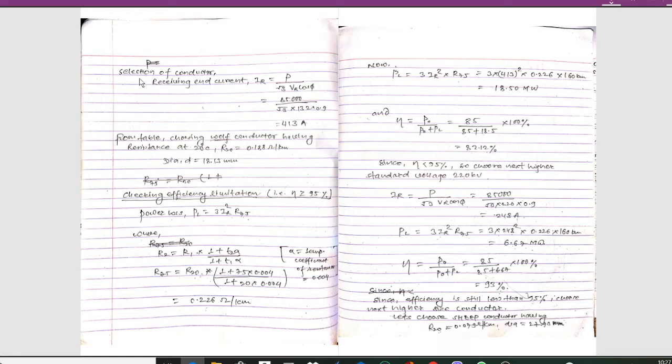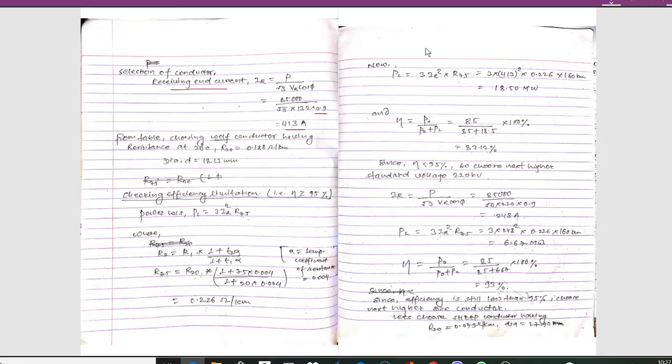Selection of conductors. For that, first we have to calculate the receiving end current. IR equals P upon root 3 VR cos phi, and P is given as 85 megawatt. We use P in kilowatts and VR in kilovolts, so 85,000 upon root 3 times VR times cos phi, which is 0.9. We get 413 amperes.